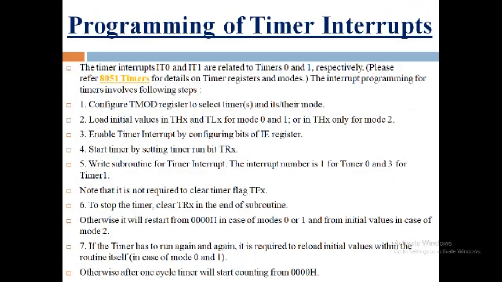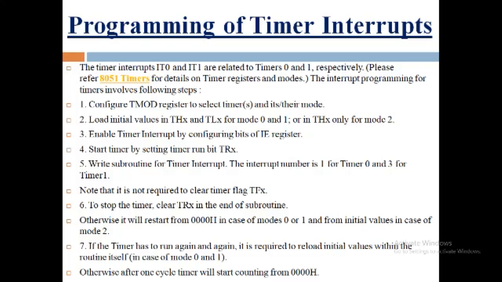First one is configure TMOD register to select timer and its mode. Second one is load initial values in THx and TLx for mode 0 and 1, or in THx only for mode 2. Third one is enable timer interrupt by configuring bits of IE register. Fourth one is start timer by setting timer run bit TRx.